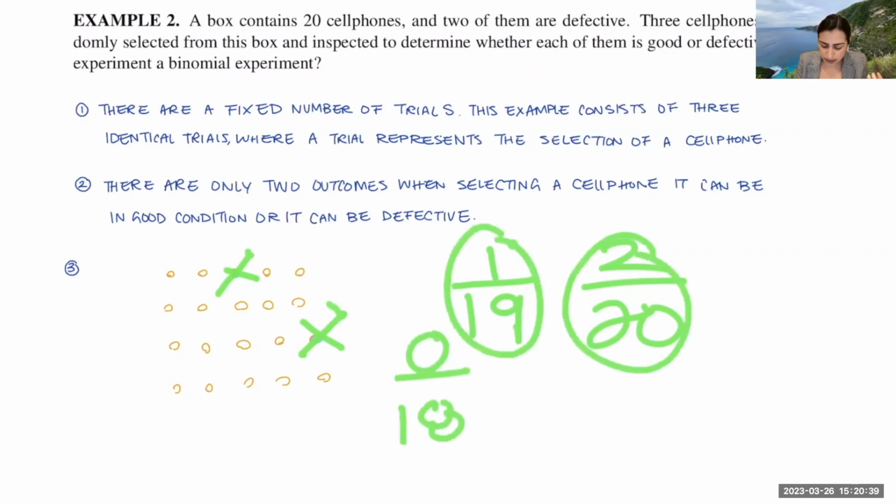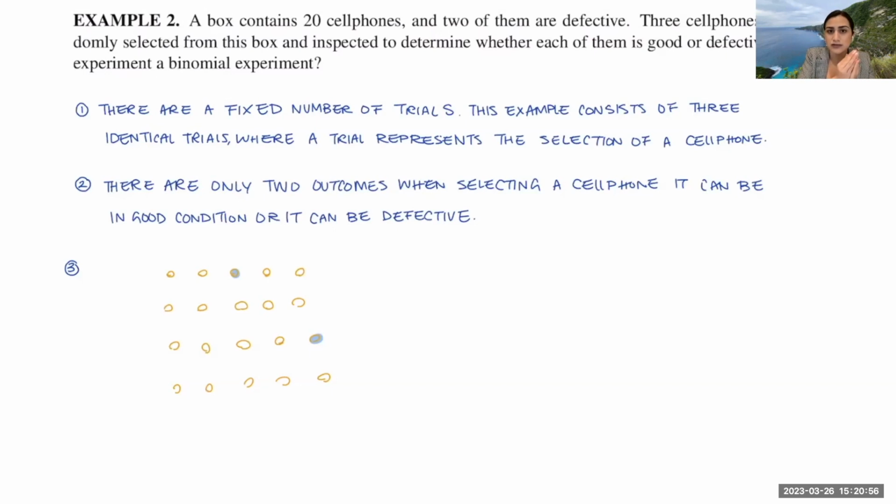Notice that the probability of defectiveness is changing. It's not staying the same. The probability that the first one is defective is going to change the probability that the next one is defective. Because if we end up choosing defective first, and then the second one happens to be defective, then the last one we know is not going to be defective. So notice that the probability of the first ones did affect the probability of the last one here.